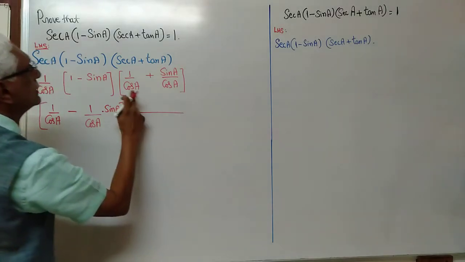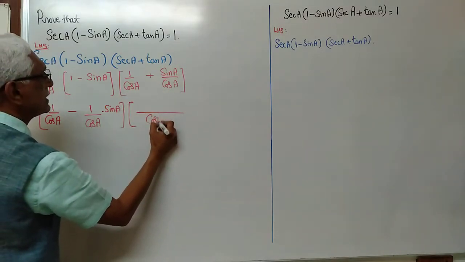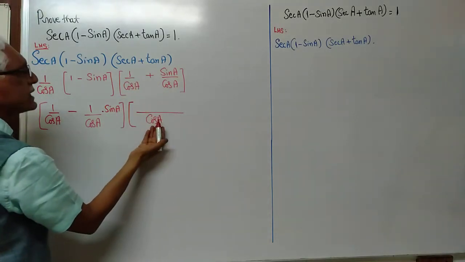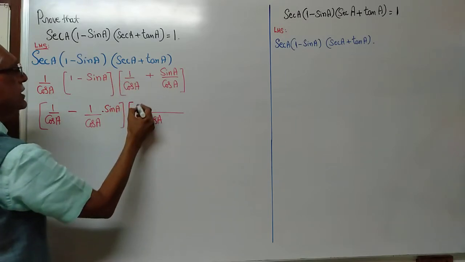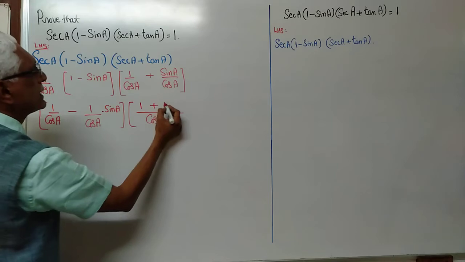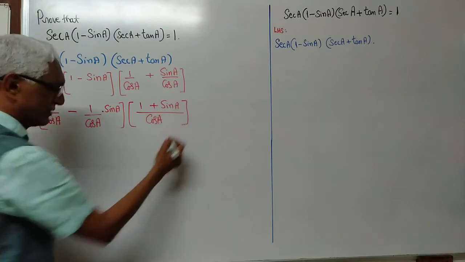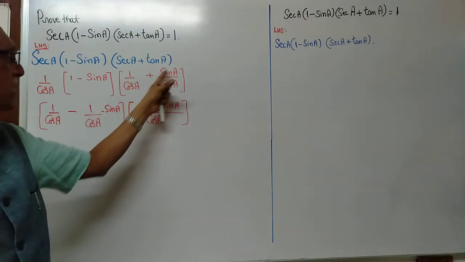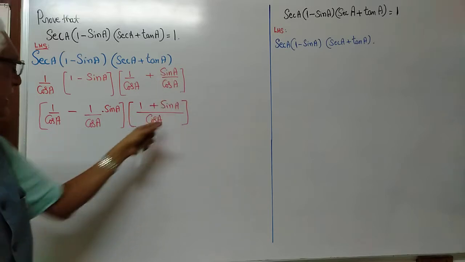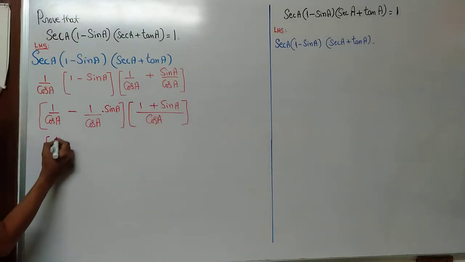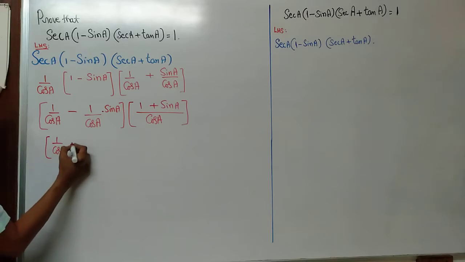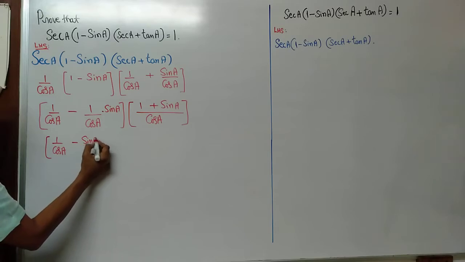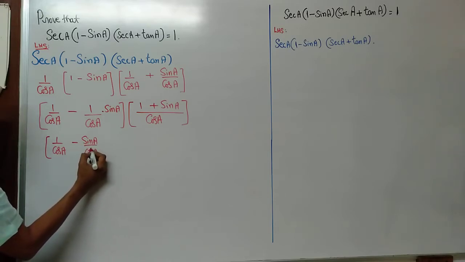Here cos A is the LCM. The denominators are the same, no? So that itself is the LCM. Cos A one time into 1 plus cos A one time into sin A is sin A. In other words, when the denominators are the same, that itself is the LCM and we just carry out the operation with the numerator, 1 plus sin A. Okay, my dear children, that is 1 over cos A minus sin A divided by cos A. Please watch.